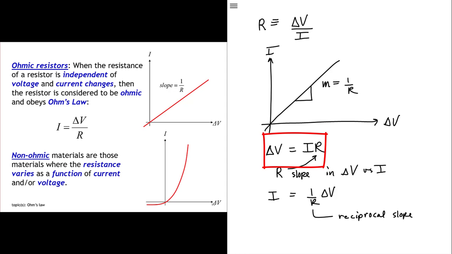Now, non-ohmic materials are those materials where the resistance varies as a function of current and/or voltage. So the resistance at a point in a current versus potential difference graph is represented by the slope of the tangent line at that point, which gives the resistance of your material at that point.